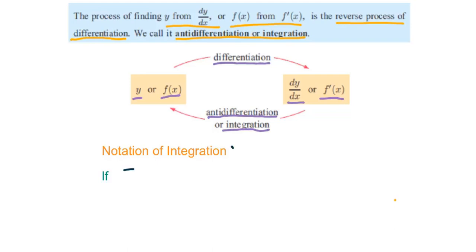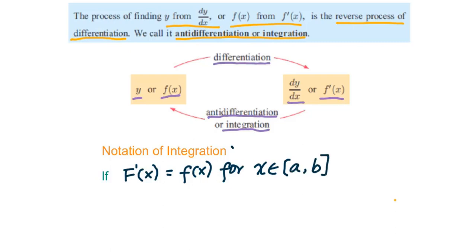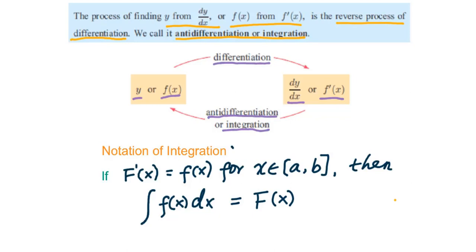If f prime of x equals f of x, for x in an interval a and b, then we use this symbol called the integral: the integral of f of x dx equals capital F of x plus c. And this c is all real numbers.